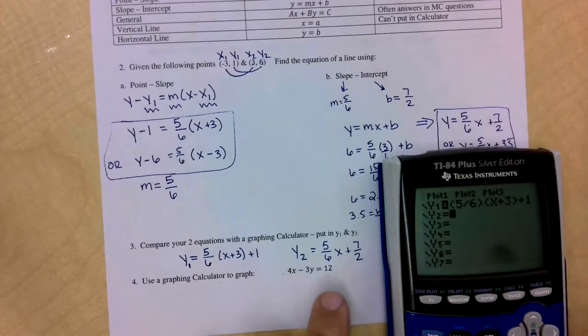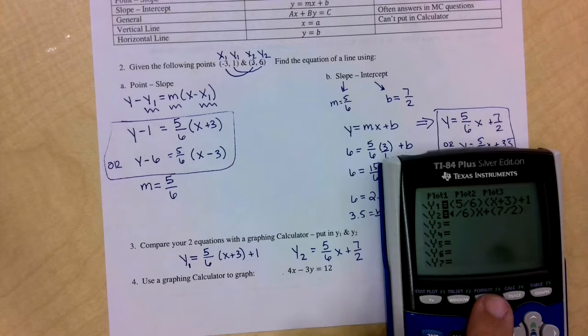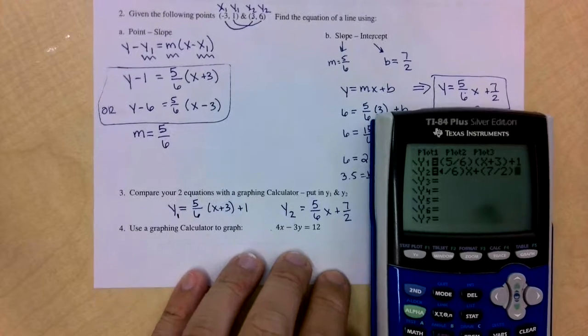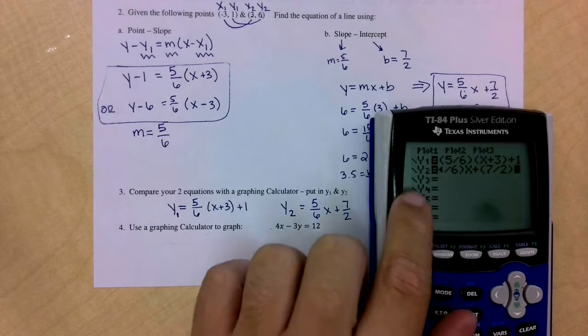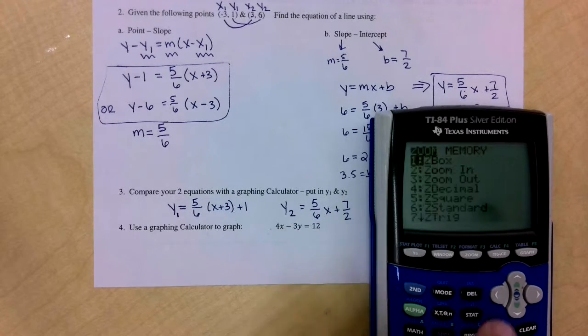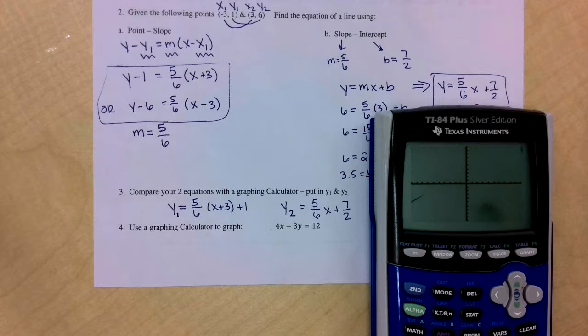Moving over to y2, again, putting in a fraction, so I want 5 over 6 in parentheses, x plus, again, parentheses around 7 divided by 2. Also, my recommendation is, unless you have a reason otherwise, always hit zoom 6 to get the standard graphing window.